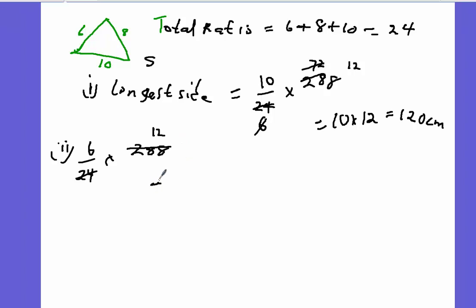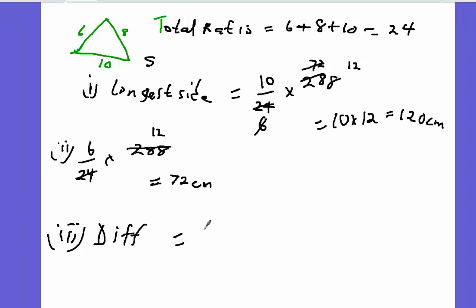Therefore, 6 times 12 is 72 centimeters. Now the third one, finding the difference between the longest and the shortest side.